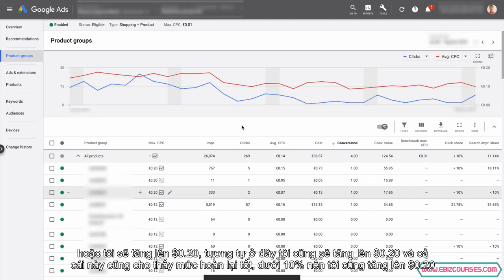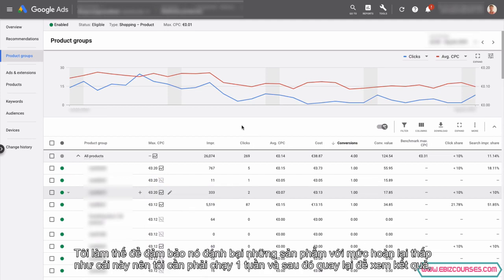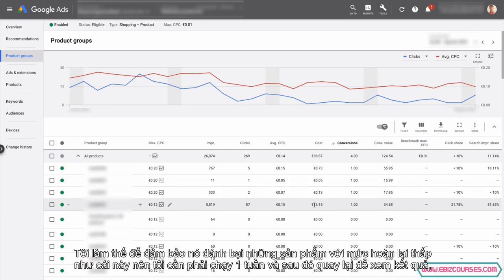Okay. So now I've changed that, and I have to make sure that it could very well be that these products start spending like this, and I start spending like 13 euros for a very low return. So this made sense in about like a month's time, but it could very well be that this is not the best move.